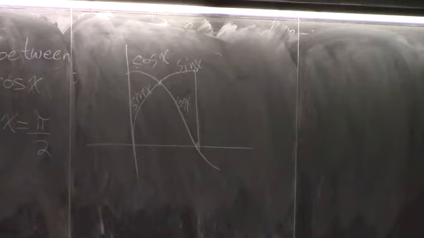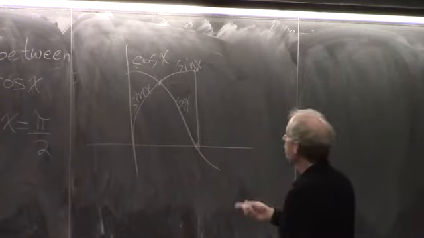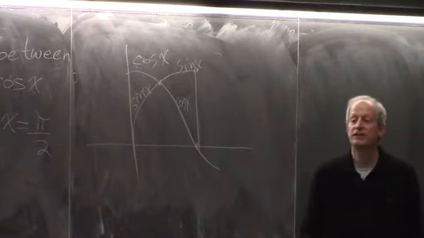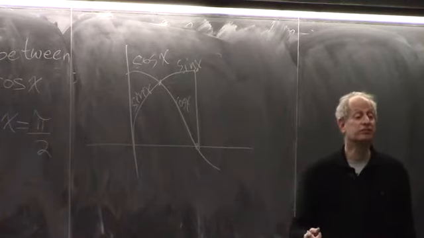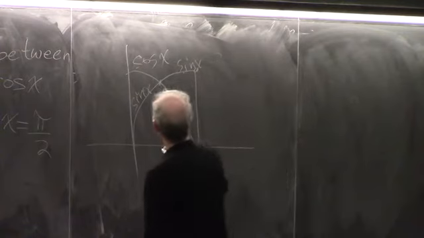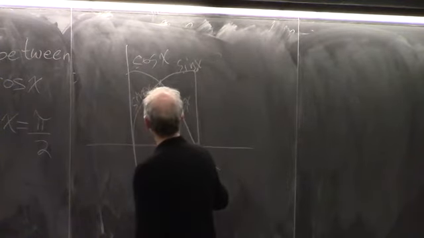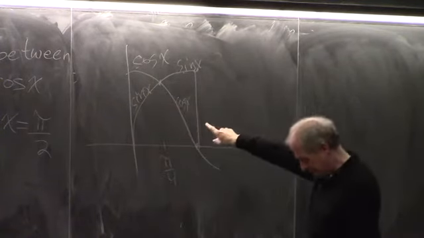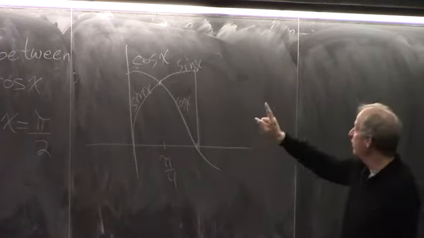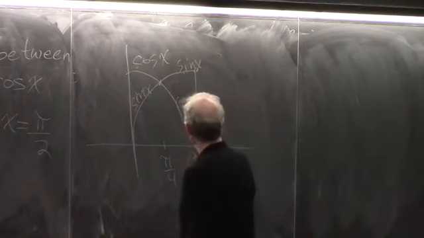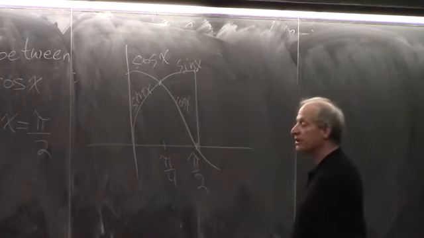Break it into two integrals. Okay? So where does sine x equal cosine x? 45 degrees, or pi over 4. So from 0 to pi over 4, cosine is on top and sine is on the bottom. From pi over 4 to pi over 2, sine is on top and cosine is on the bottom.